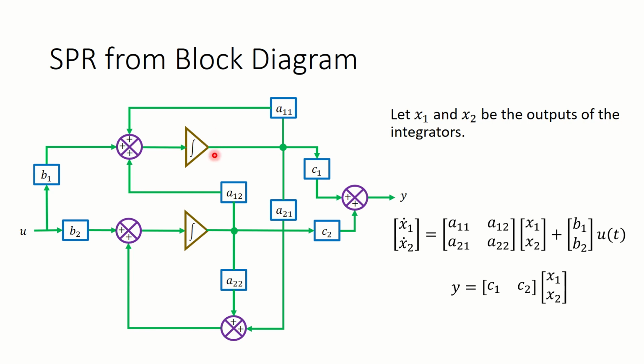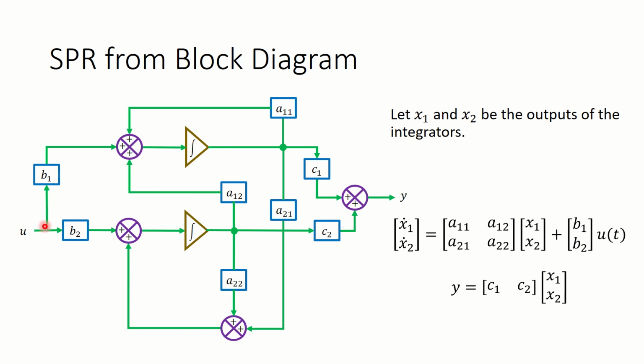If the output of the first integrator is x1, then this is x1 dot. What is x1 dot? All these three signals coming in become equal to x1 dot. What are these three signals? a11 taken from x1, so a11 x1. The next signal is x2 coming through a12, so a12 x2.